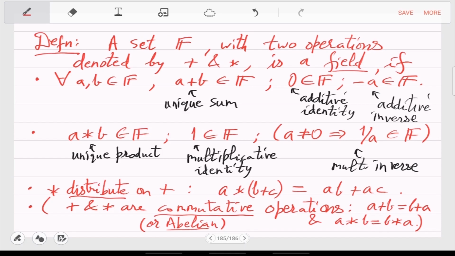So we'll suggestively call these operations addition and multiplication, although they may have nothing to do with real addition and multiplication. Right? You can come up with strange operations also.